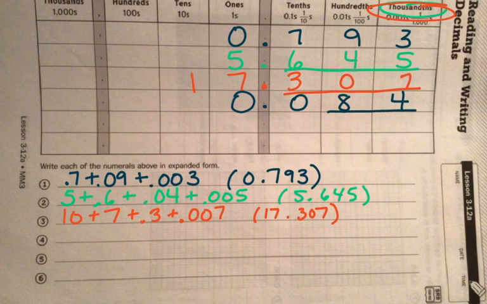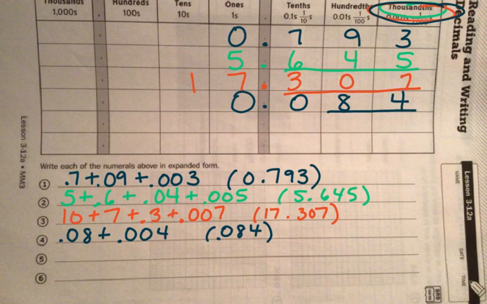We would actually just read this as 84 thousandths. So in expanded form, we would go ahead and just write the 80/100ths plus the 4 thousandths to give us 84 thousandths. So it's an expanded form, and just listening to yourself read those numbers.